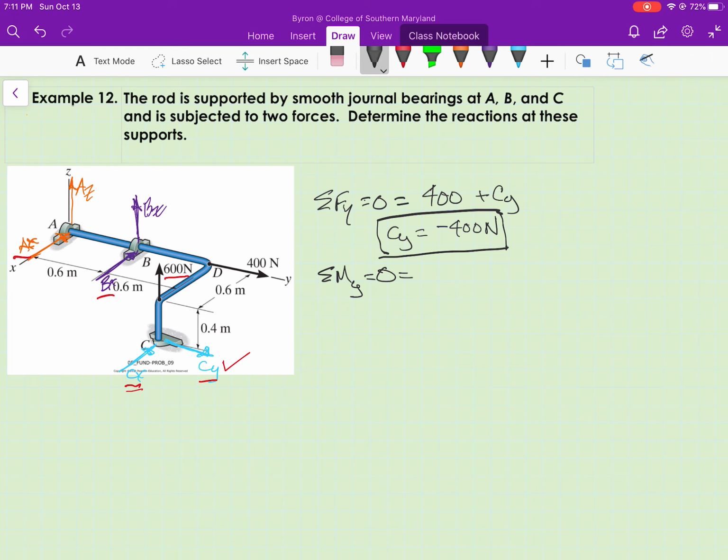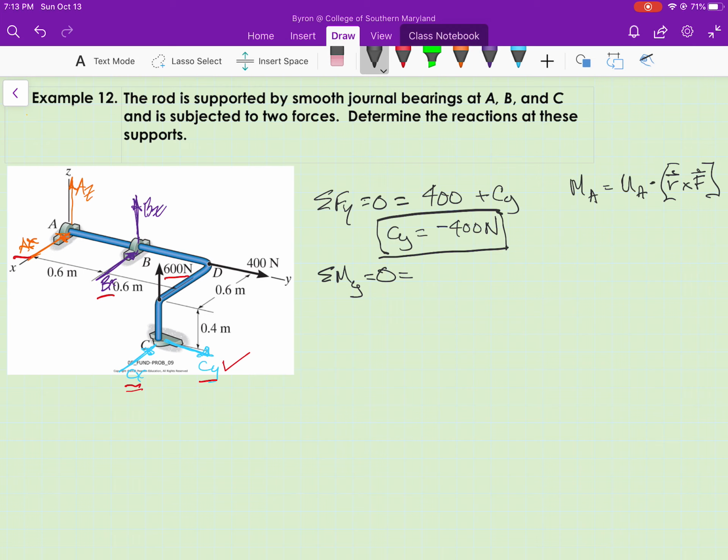I'm going to say that the sum of the moments about the y-axis equals 0, and remember our equation for the moment of a force about an axis: the moment about A was equal to u sub A, the unit vector along the axis, dotted into r cross F, where r is any position vector from the axis to the force.